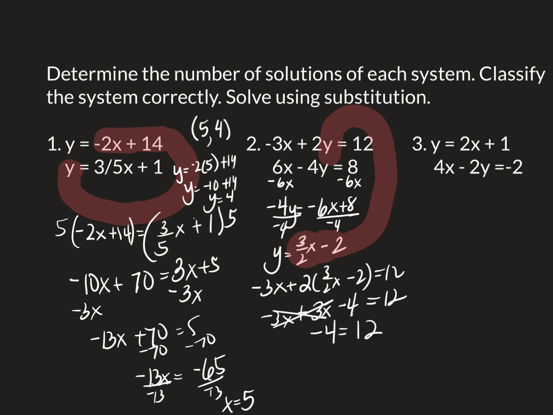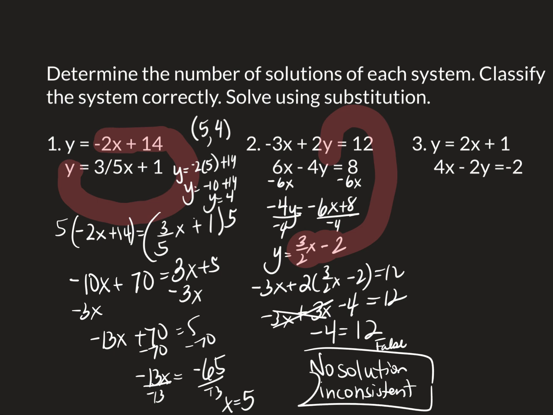This is one of those special solutions. Remember, when your variable cancels out and you have a true statement, it's infinitely many solutions. And when you have a false statement, then it's no solution, which reminds me of something. So this is no solution, and then this one is inconsistent. To go back to number 1.